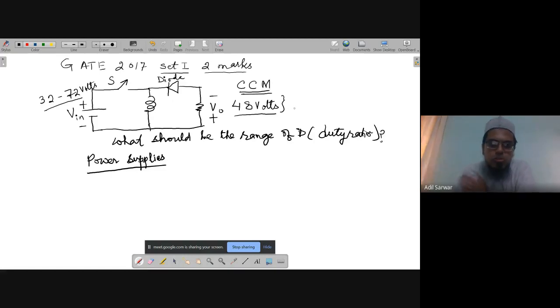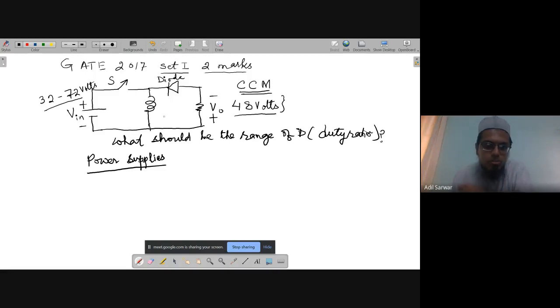That means the output voltage always remains at some fixed value, V out, although there may be change at the input side. Such problems are real life problems, and they come in designing of DC to DC converters for regulated output.